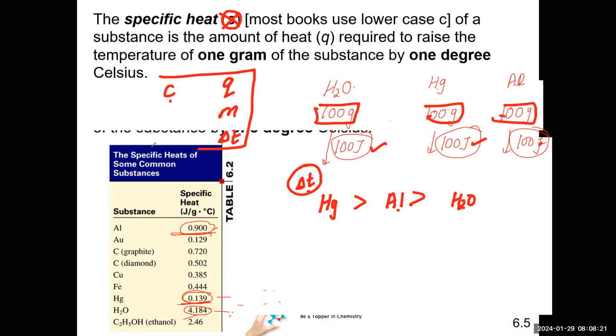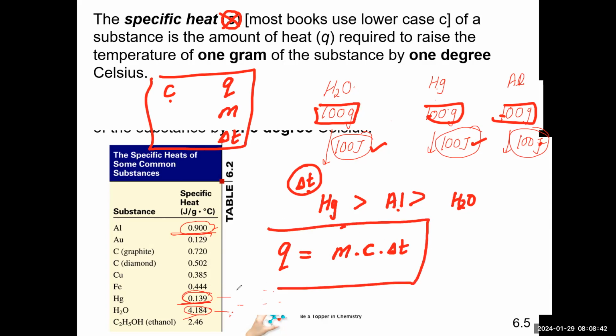If I use this definition, then I can make an equation. Q is the heat needed to raise the temperature. m is the mass given to you, 10 grams, 20 grams, whatever, times specific heat capacity times delta T. You can calculate Q for any substance. Is it okay, children? This equation is clear? mc delta T.